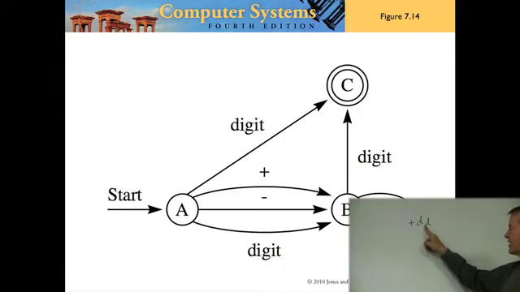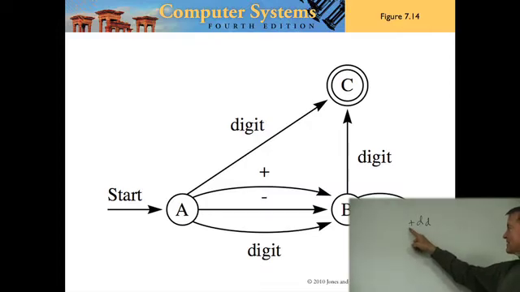Yes. Okay, so what do we have to do? We have to back up. We must have made a wrong transition. So the plus will get us to B. Now what? Suppose we take from B to B on this. And B to B again. And now suppose we take B to B on this again. Darn, that's wrong too.